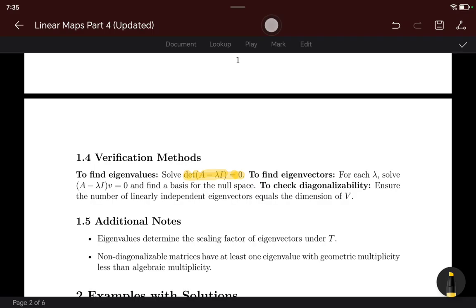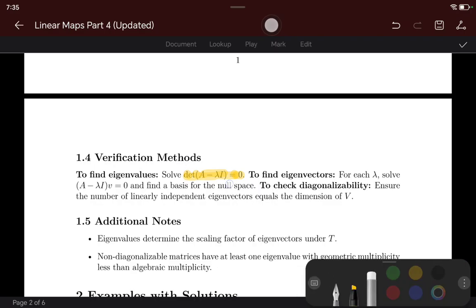Then they say to find the eigenvectors for each lambda, solve this system and find a basis for the null space. Now the question will arise: how do we find the basis for a null space? We've looked at how to find the basis before, but I'm going to do a revision of that.